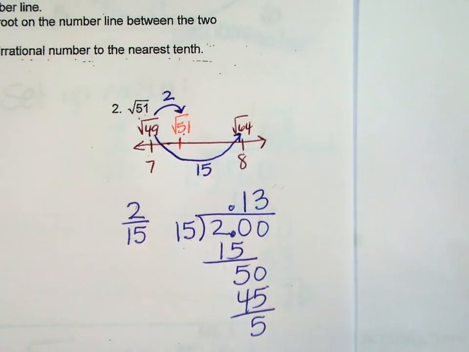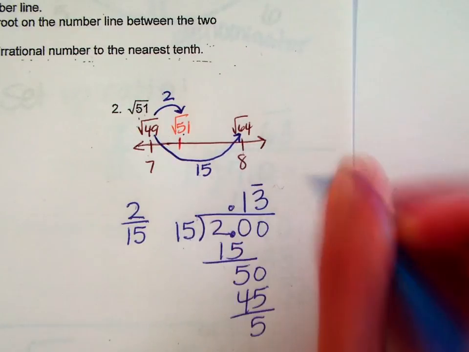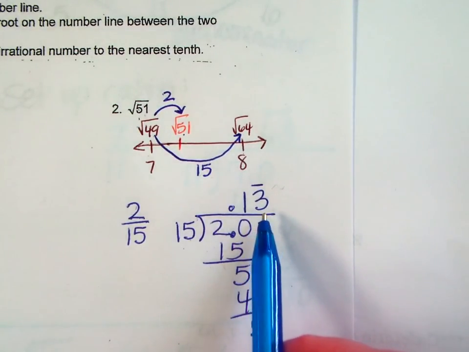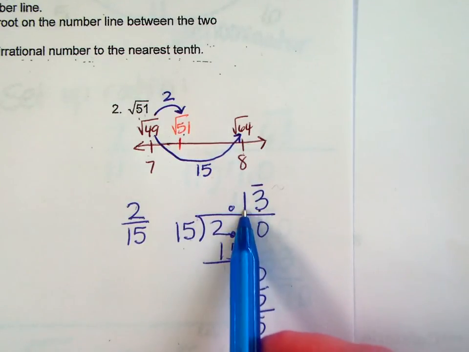And you can stop at the hundredths place anyways, because what are we going to do here with our 0.1? It stays the same, 0.1, because in the hundredths place, it's not 5 or higher.